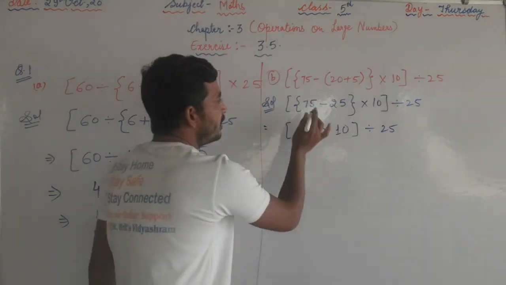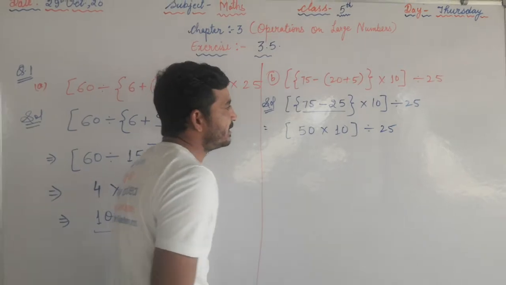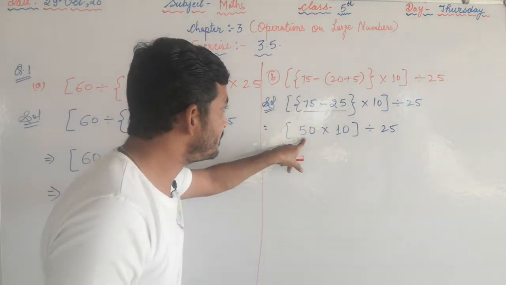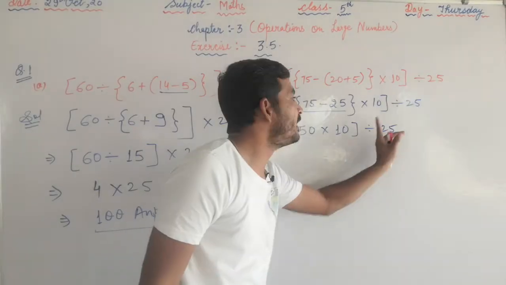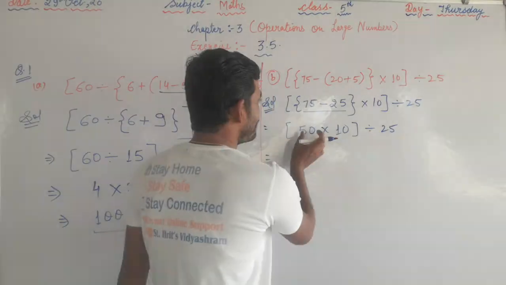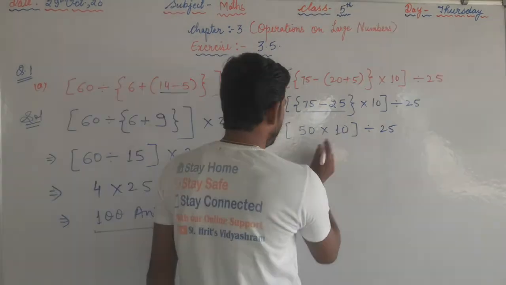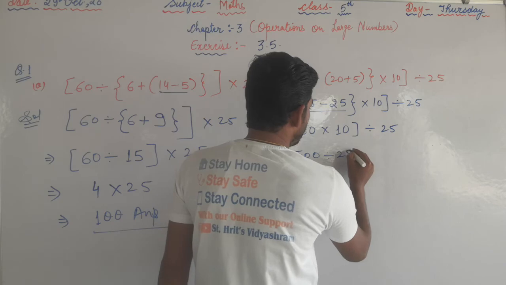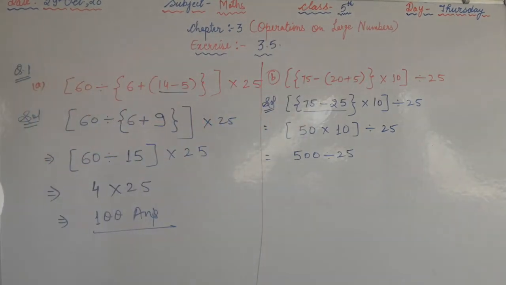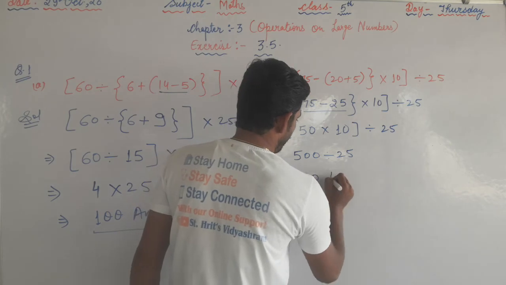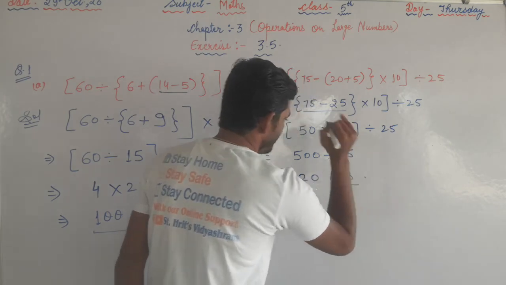The remaining things you note down as it is. Now 50 multiplied by 10 is 500, divided by 25. What is the result? 20. 20 is the answer.